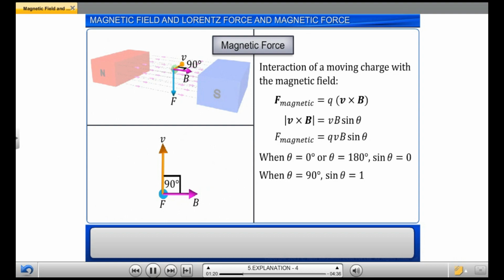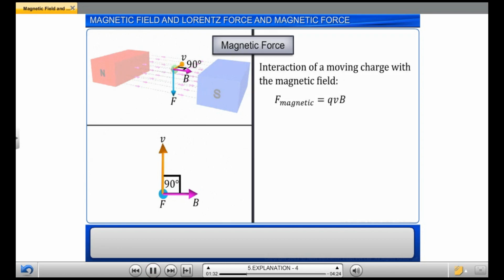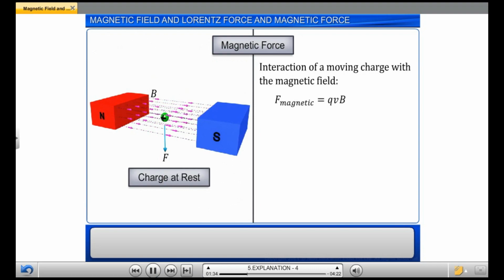In this case, the charge experiences maximum magnetic force, F magnetic, equal to QVB. If the charge is not moving in the magnetic field, that is, its velocity is 0, then the charge does not experience any force, since F magnetic is equal to 0.